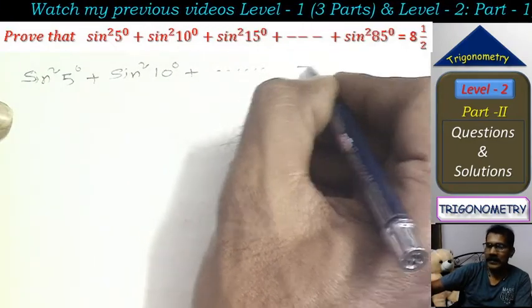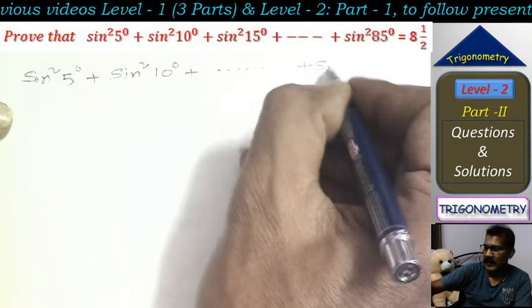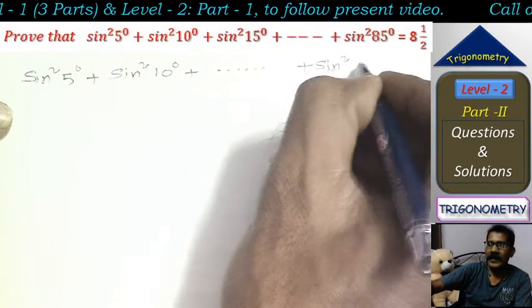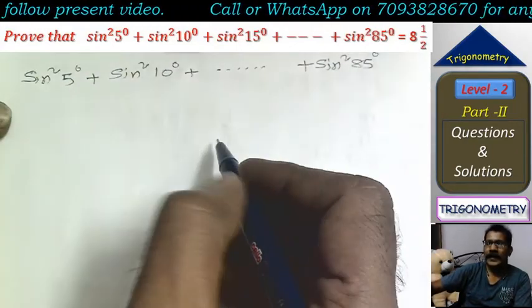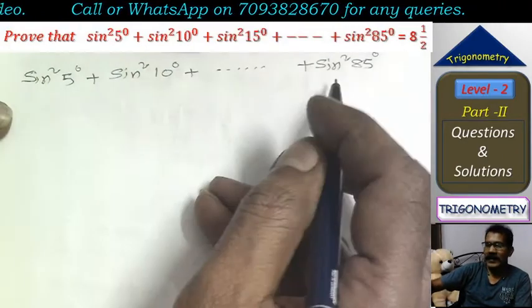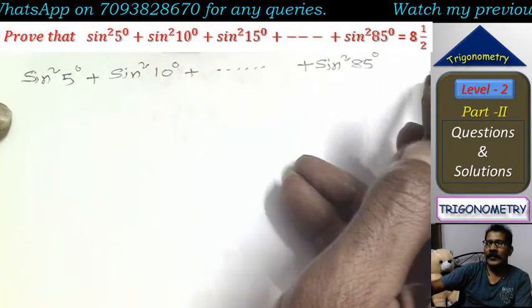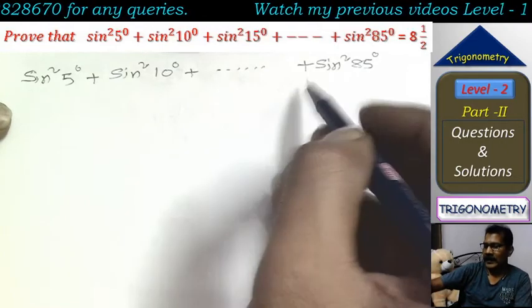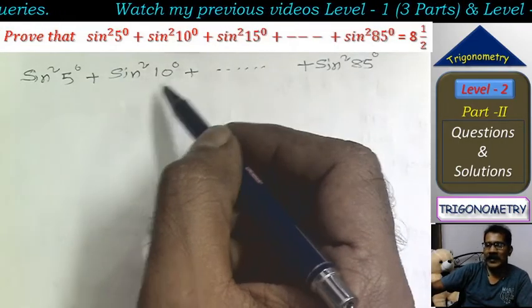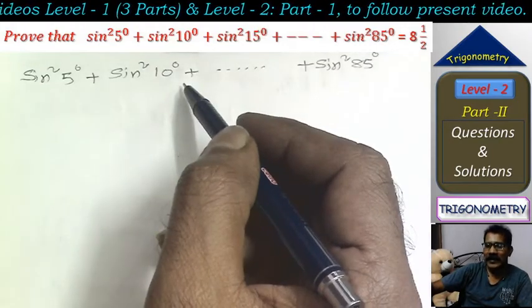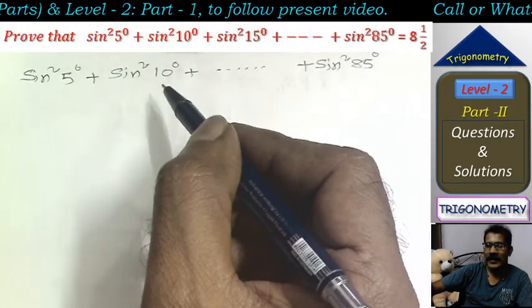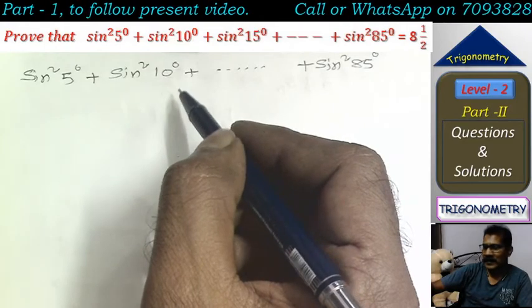The last term is going to be sine square 85 degree. The sum of all these terms we need to prove is 8.5. If you write all the values by using a calculator, you can also prove that, but calculator is not allowed in all examinations. That's why we need to go with the basics of trigonometry concepts.